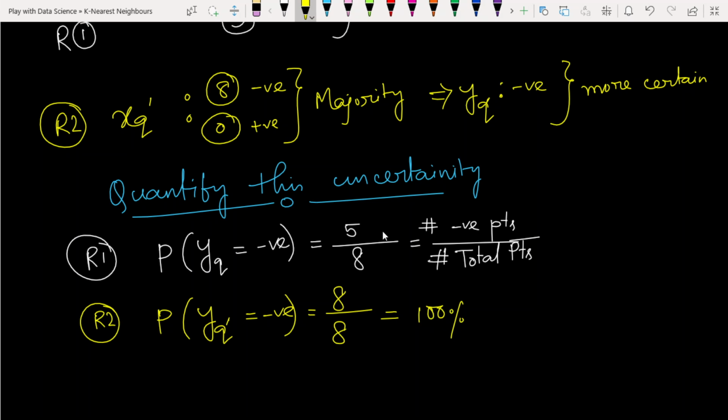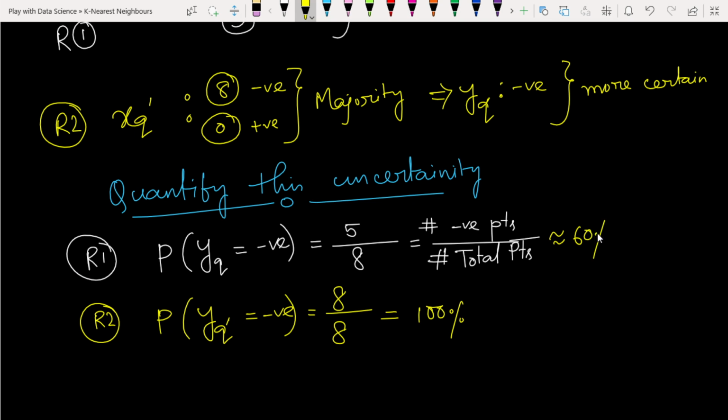But here, for region 1, let's take 5 by 8, which is near about 60%.